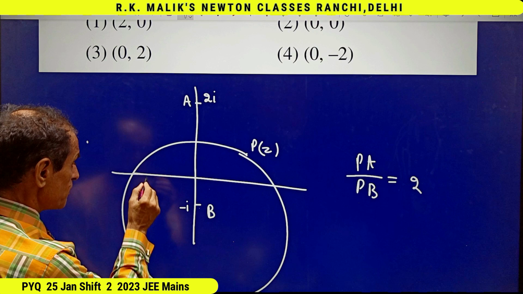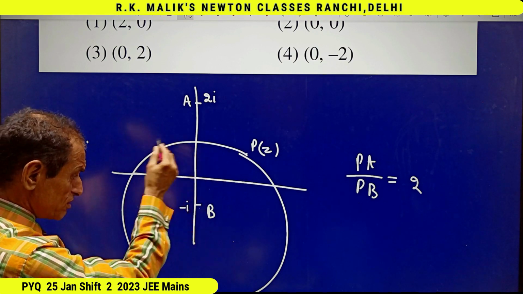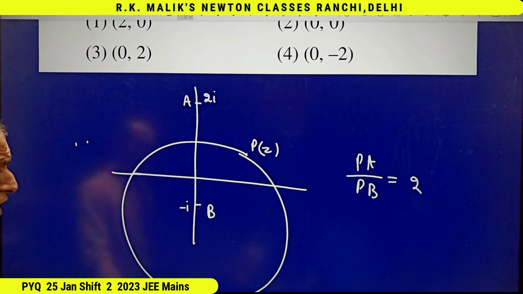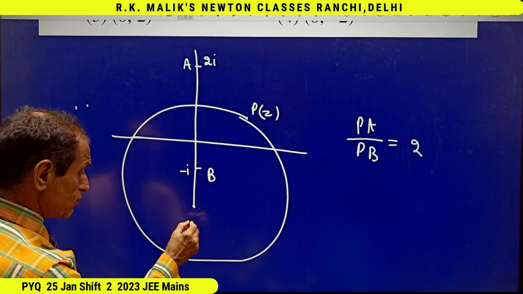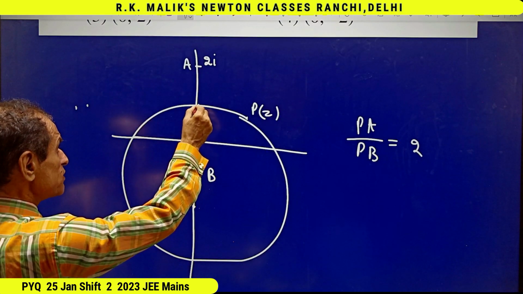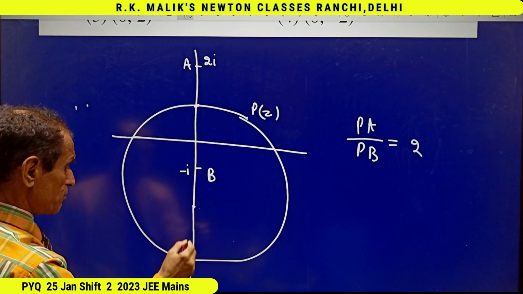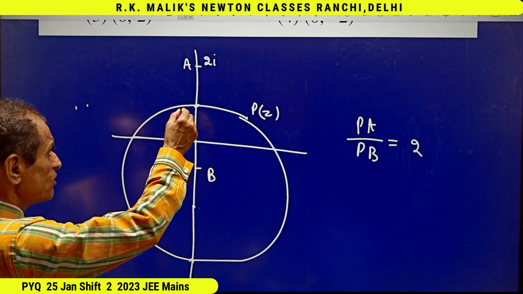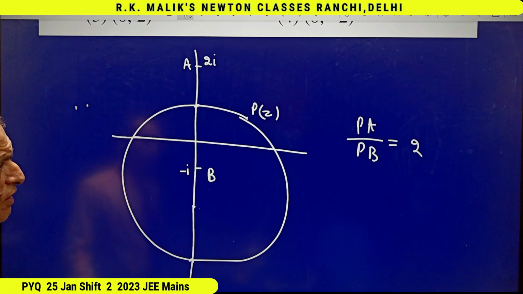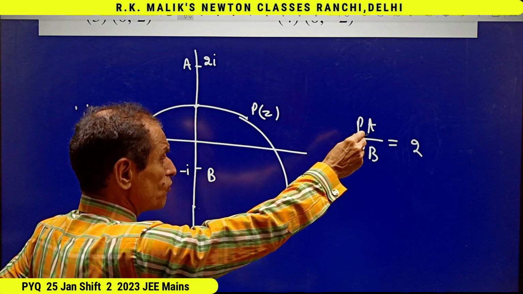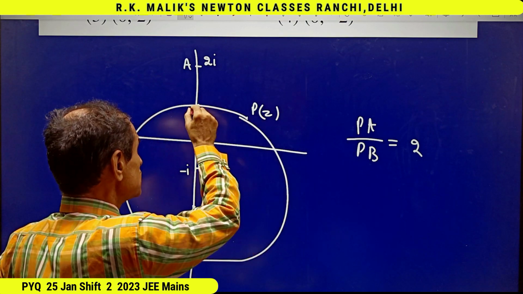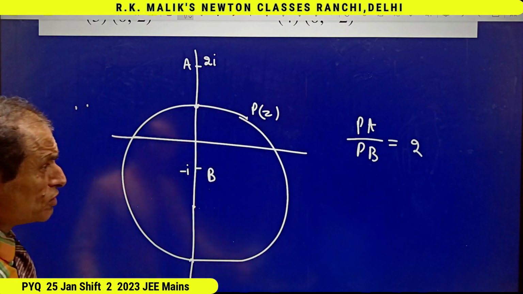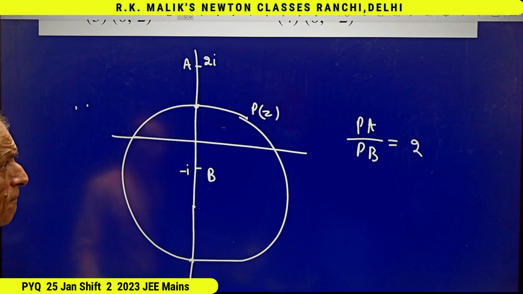But note that I'm not saying that the center of the circle will be at the midpoint of AB. To find the center of the circle, I will find the complex number of this point, I will find the complex number of this point, and the midpoint of those will give you the center of the circle. For this point, because this condition is true for every point on the circle, therefore for this point also this condition must be true.